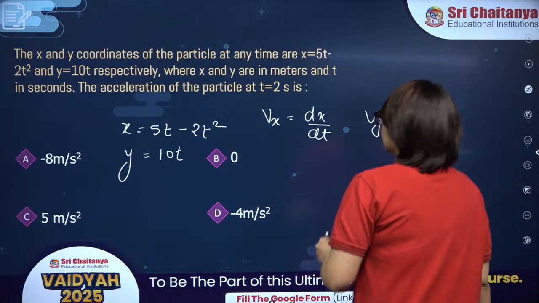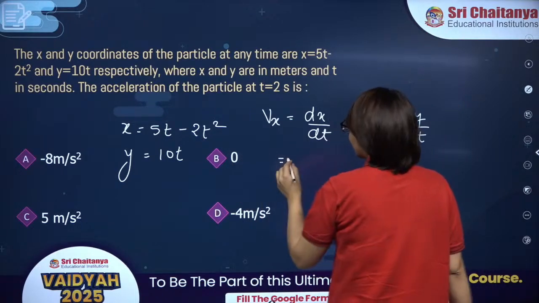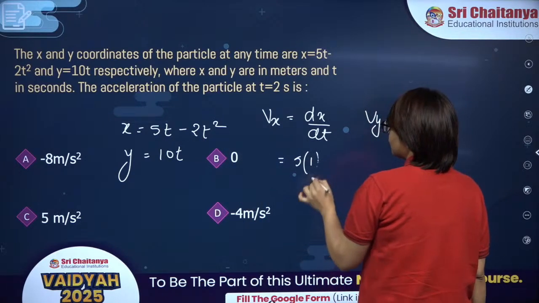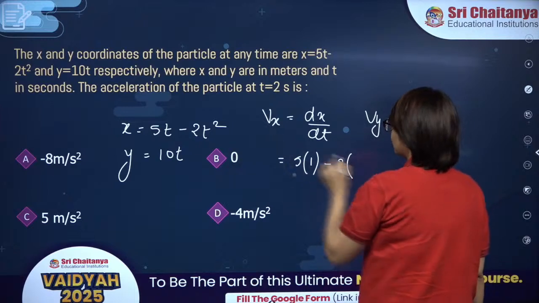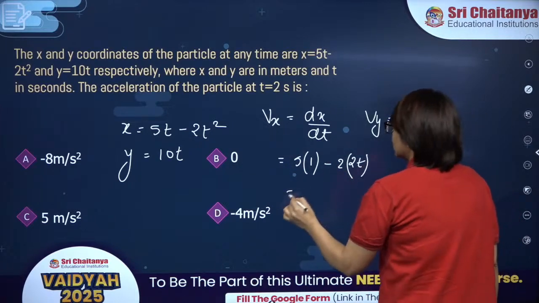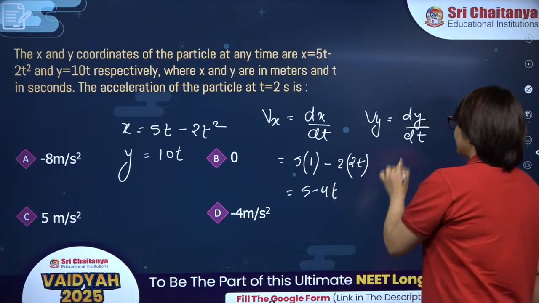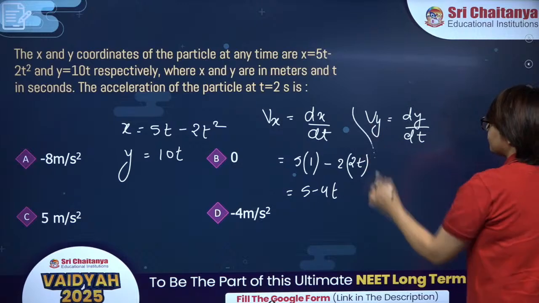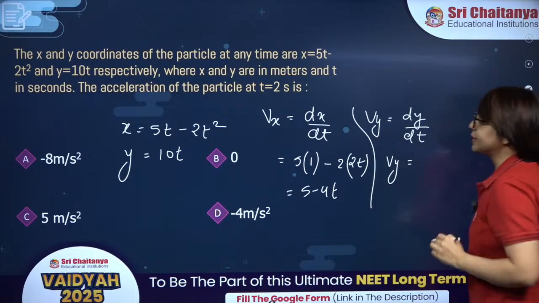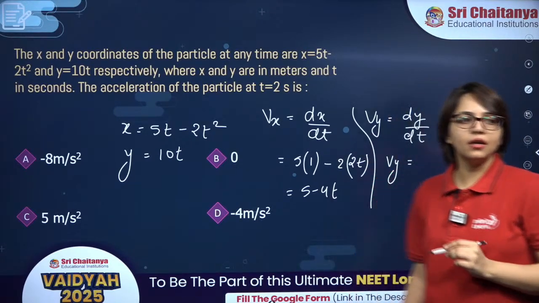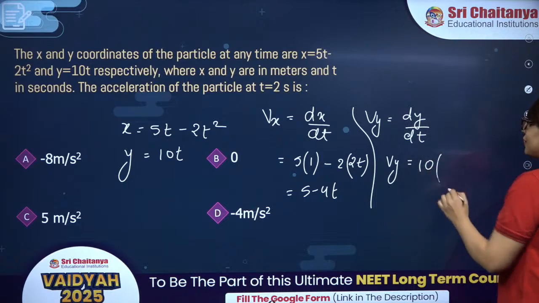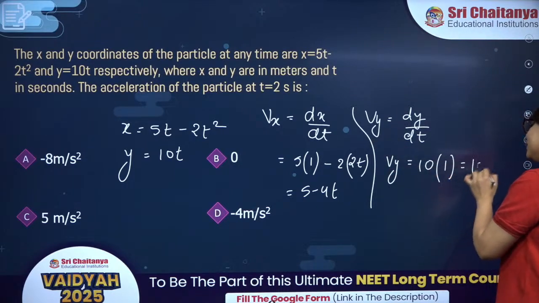Differentiation of 5 times t is 5 times 1, minus 2 times differentiation of t square, which is 2t. So it is 5 minus 4t. Similarly, for vy, differentiation of 10t is 10 times 1, which is equal to 10.